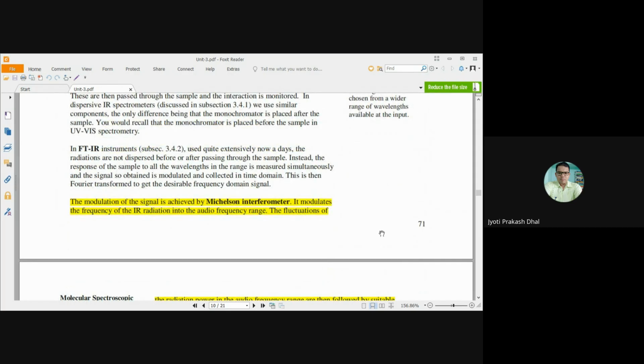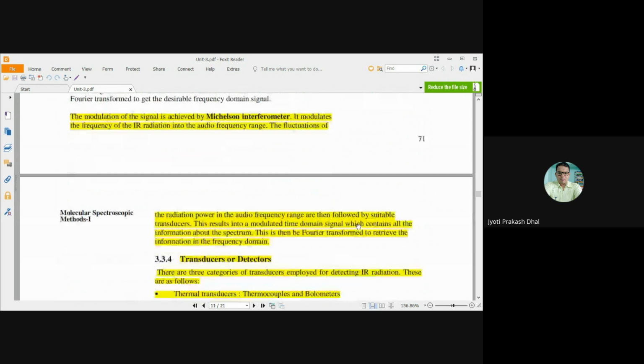The modulation of the signal is achieved by an interferometer, the Michelson interferometer, which modulates the frequency of the IR spectrum into the audio frequency range. The fluctuations of intensity in the audio frequency range are then followed by suitable transducers. This results in a modulated time domain signal which contains all the information about the spectrum.